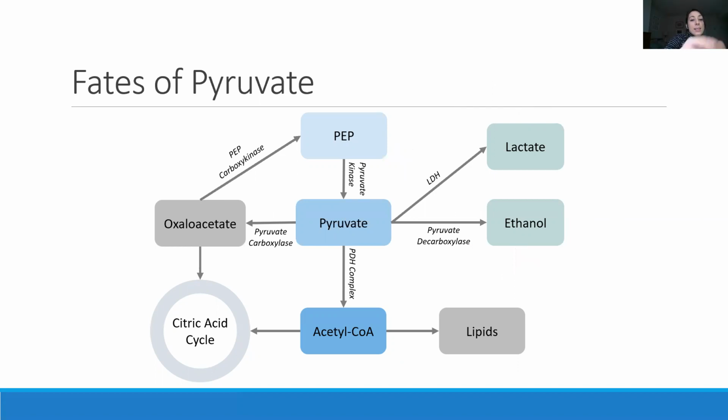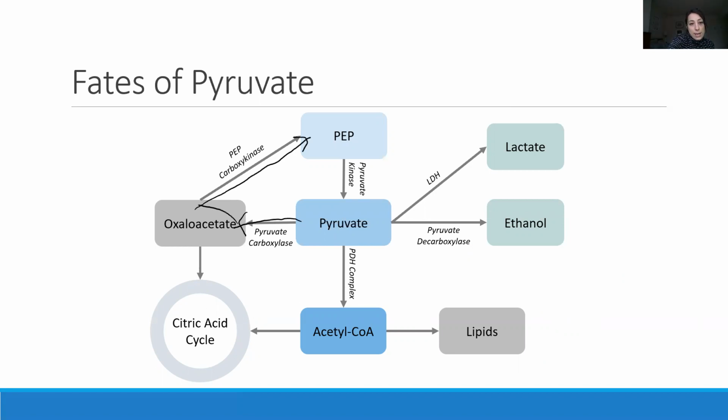Remember, pyruvate can cycle back and actually be made back into its precursor, PEP, to go through gluconeogenesis, for example. Remember that this step actually is a two-process step in which we make oxaloacetate, and then we regenerate PEP.